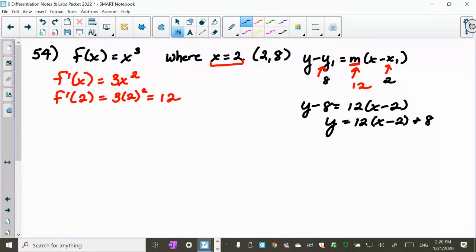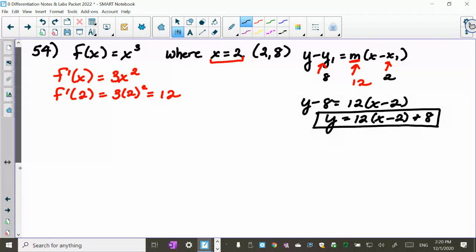And if you continue to go through and do that, you will end up with the tangent line I showed you. But this is good enough for me right here if you want to leave it just like that. But if you are checking this on your calculator, you might want to continue to do that. So that's 53 and 54. Make sure you know how to do one of those.